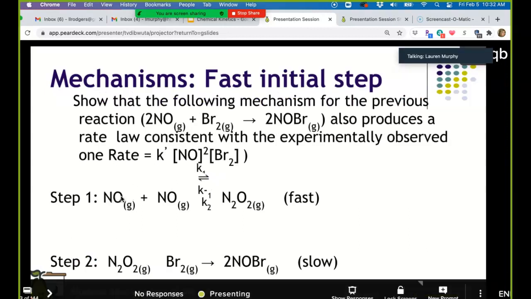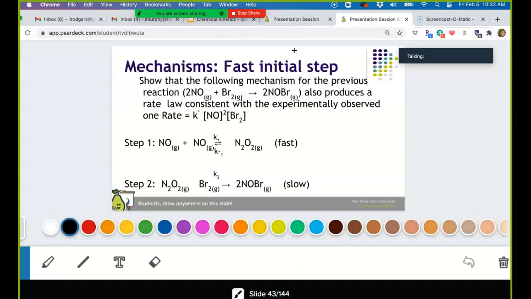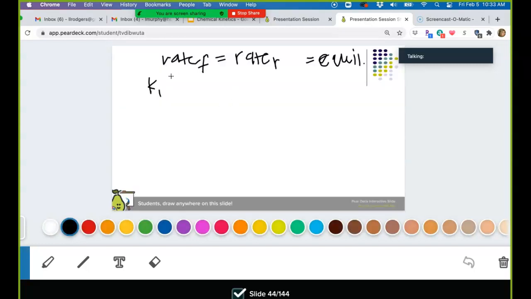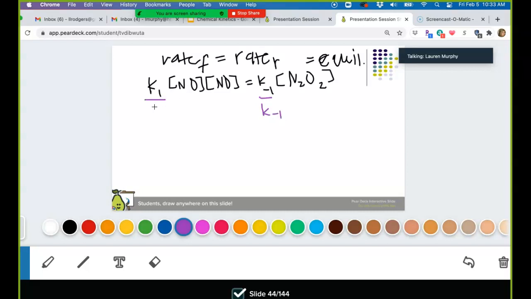So it's NO and NO, forward. And then going backwards, it's N2O2 as my reactant, because you'd be starting from the product side in that sense. Again, isolate your intermediate, which does not require much effort.